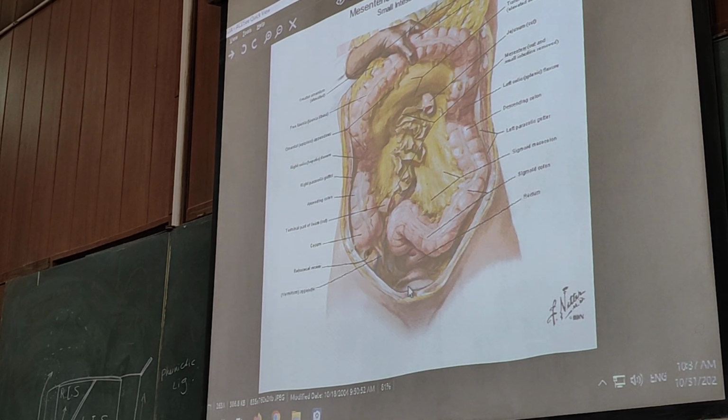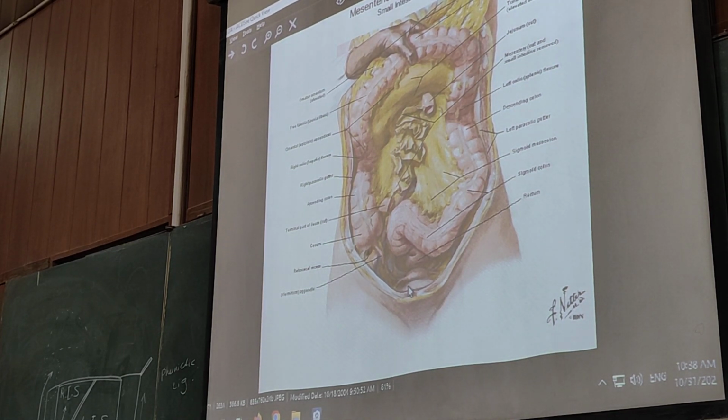Now, who can tell me about the paracolic grooves? Look at the paracolic groove. Right paracolic groove. On the right side it is limited by the cecum and ascending colon.